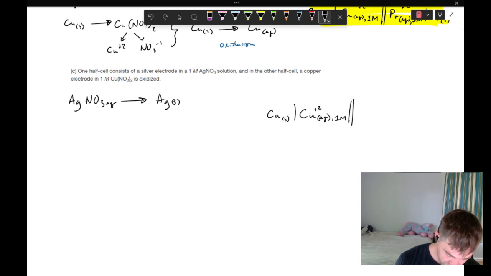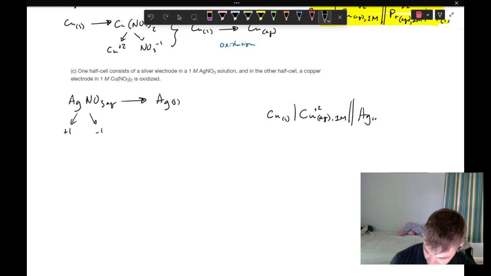So there's our silver solid. This breaks up. Nitrate always has a -1 charge associated with it, so our silver cations have a +1 charge associated with them. And so our silver aqueous, 1 molar, +1 charge, forming silver solid.